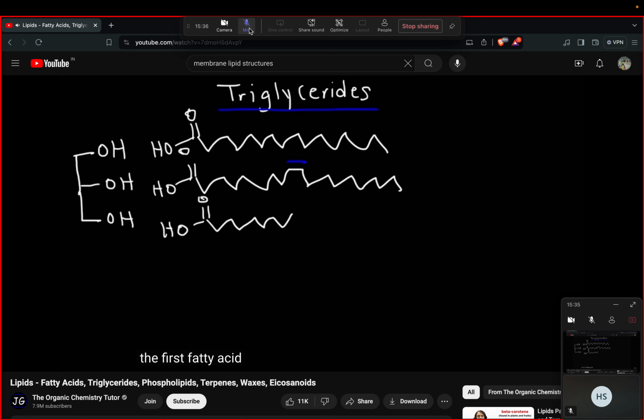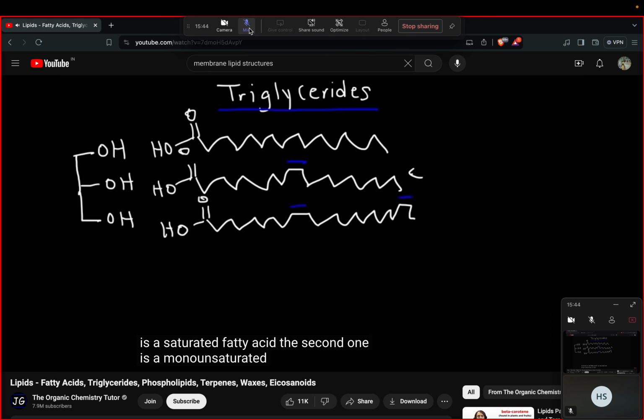The first fatty acid is a saturated fatty acid. The second one is a monounsaturated fatty acid because we only have 1 double bond. When you have multiple double bonds, you have a polyunsaturated fatty acid. A triglyceride is composed of 3 fatty acid molecules and 1 glycerol molecule.